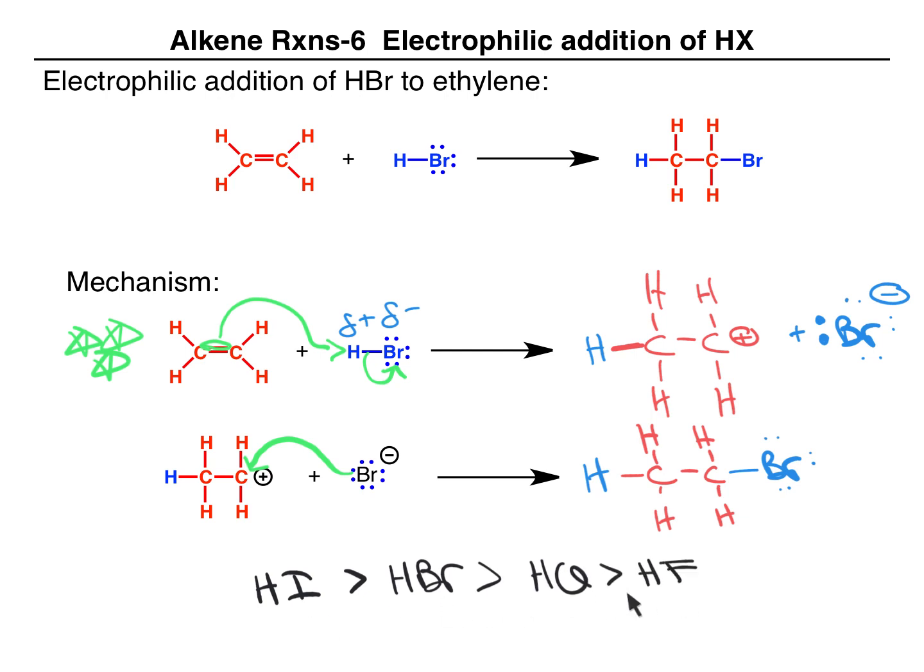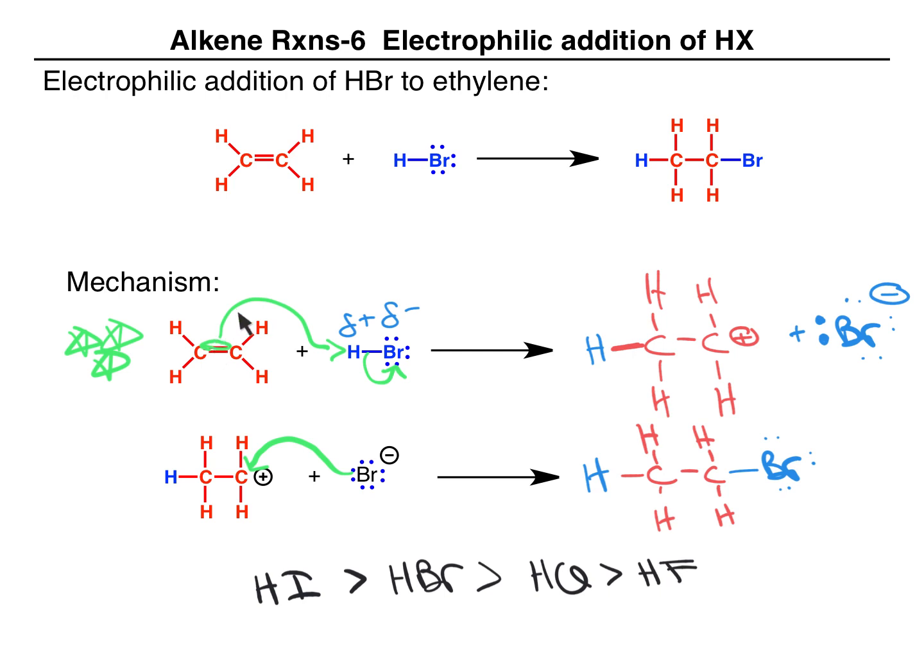This trend in reactivity makes sense if this is the rate determining step, because the HI bond is going to be easier to break, and so this reaction can happen faster compared to reaction with HBr. HI is easiest to break, HBr a little bit harder, HCl a little bit harder, HF even harder to break. So the reactivity directly parallels the relative acidity of these compounds, because that's really what we're looking at.